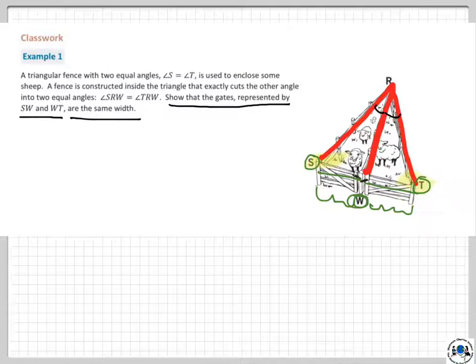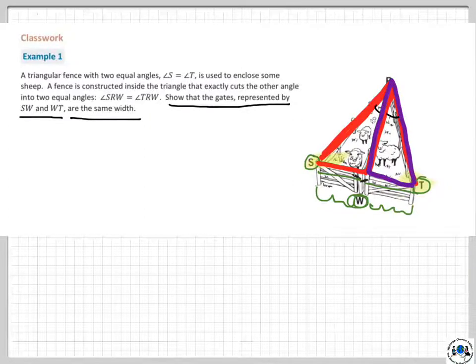If you look at this closely, you'll recognize that we have two triangles here: SRW, right here, and then TRW right there.